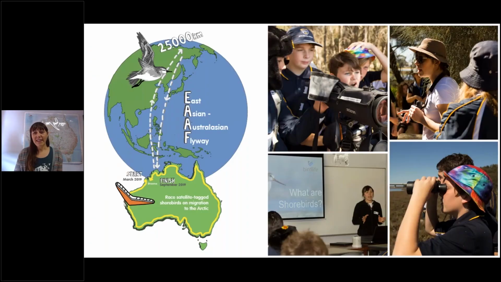So I'm still intending to fly solo around Australia, but the start date's now been postponed until March 2022. And my plan is to depart from Broome in March, when the shorebirds begin their northward migration to the Arctic, and then travel anti-clockwise around the country.